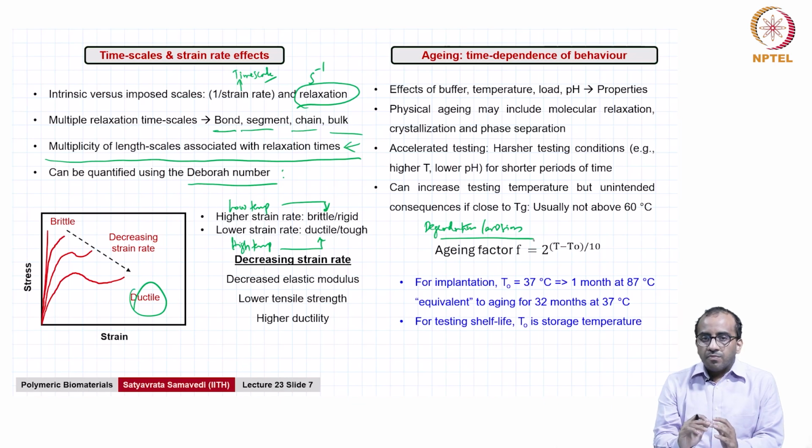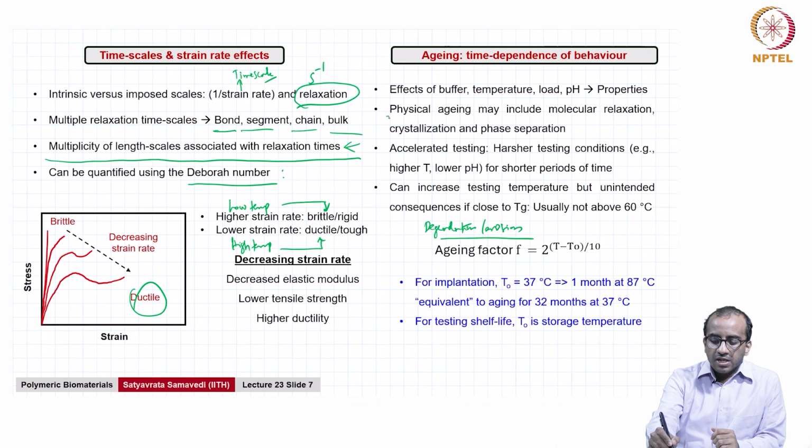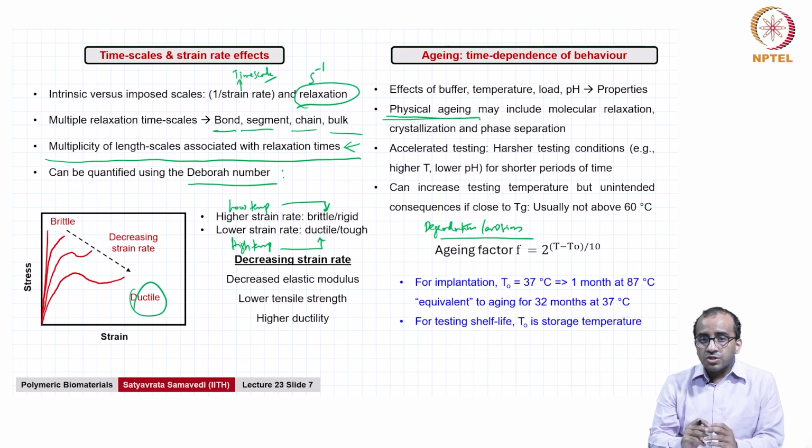Aging, at least physical aging, includes processes that naturally can occur in the material over time, and that is going to lead to a change in properties. So, what we are interested in asking here is time dependence of the properties with use.